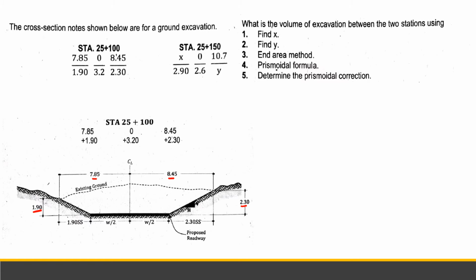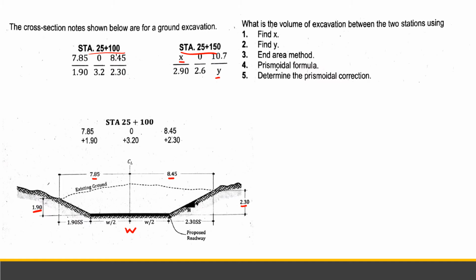So this is W. And also at station 25 plus 150, so that is 50 meters away from station 25 plus 100, we have unknowns here, X, Y, 10.7, 2.10, and 2.6.